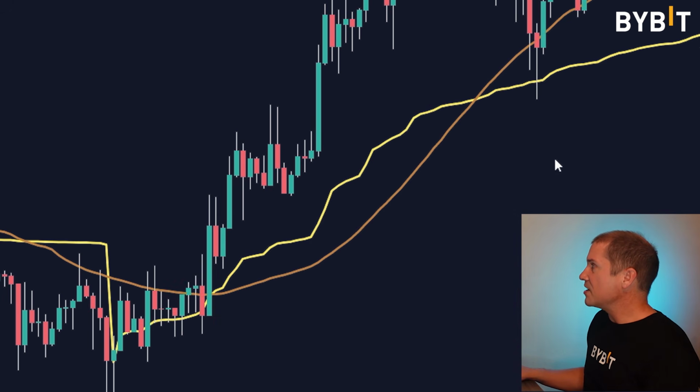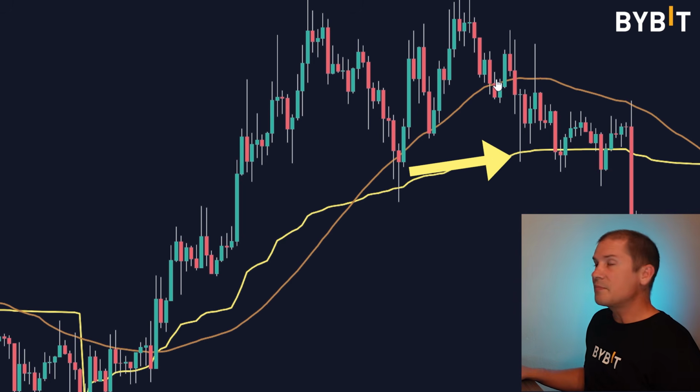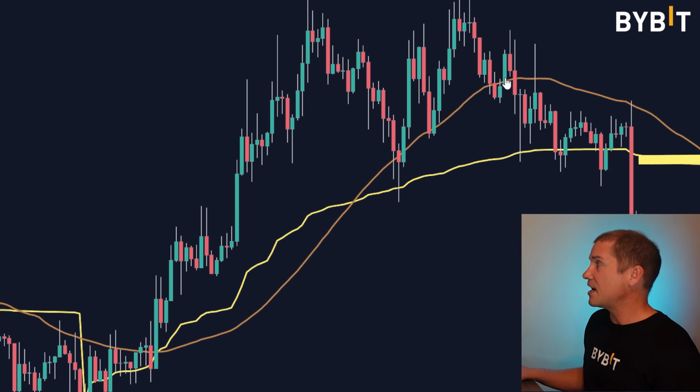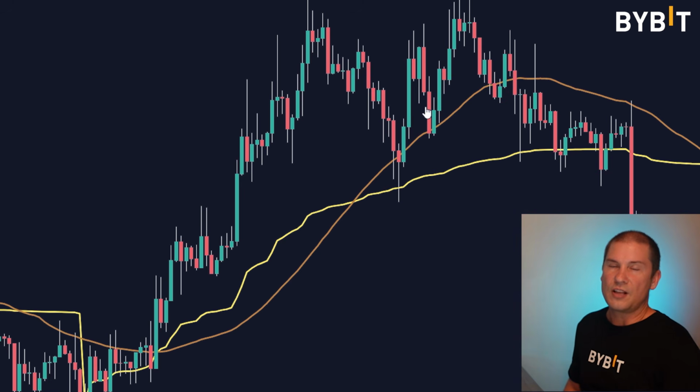And then once the market gets up towards the high, the volume starts to abate and slow down. VWAP levels off and starts to move sideways. Meanwhile, the moving average continues to work itself higher.